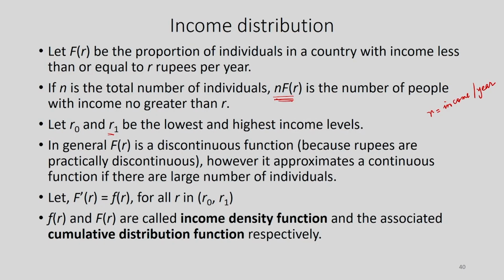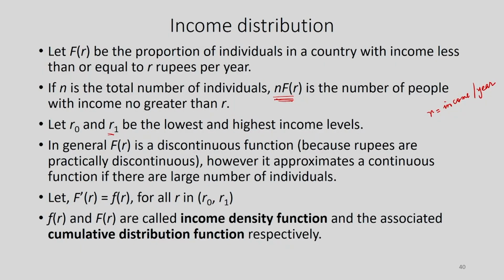It is the income level, and income levels are measured in terms of the currency of the country. In India's case it is the Indian rupee. But income levels are not continuous, right? It could be, let us suppose, 1000 rupees or 1001 rupees, 1002 rupees. So there are gaps between 1000 and 1001.